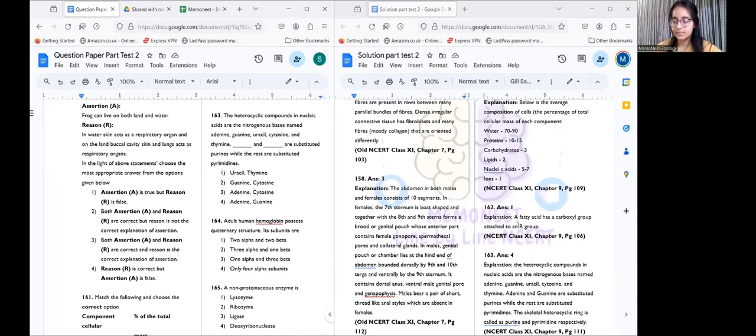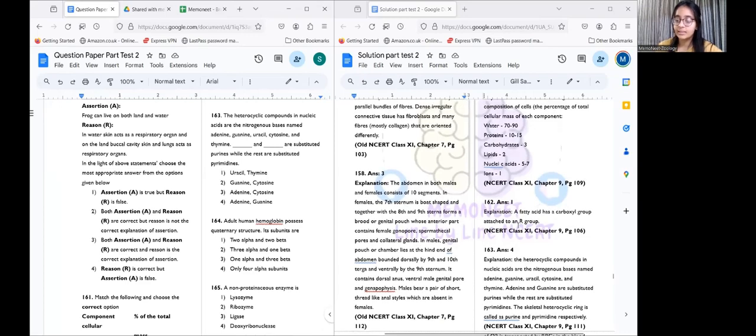ATGC and U: adenine, thymine, guanine, cytosine, and uracil. Now, which of them are substituted purines? Adenine and guanine are substituted purines, while the rest are substituted pyrimidines, right? So we have ATGCU, which of them are purines and which are pyrimidines? Purines are adenine and guanine, and the pyrimidines are thymine, cytosine, and uracil.